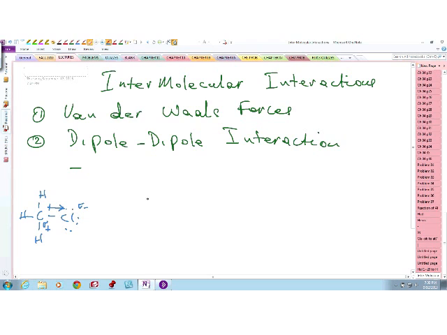If we simply want to draw this, just to visualize it, maybe I need to draw that better. Think of this molecule as this here. We say this part of the molecule has a partial negative charge, and this part has a partial positive charge, and you have a whole bunch of them.